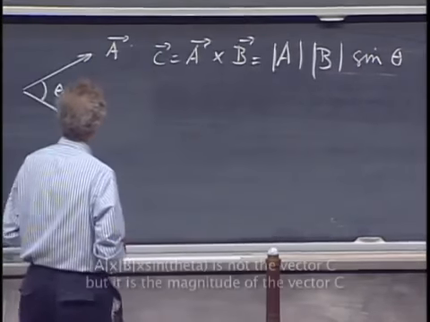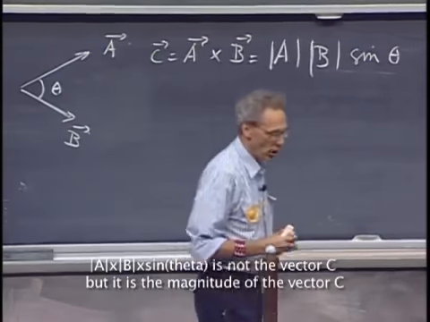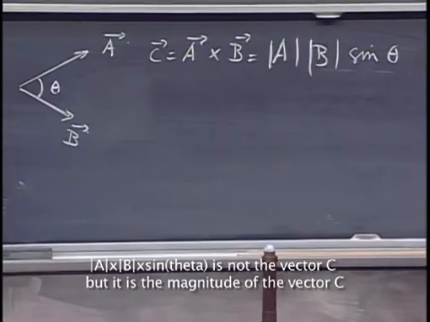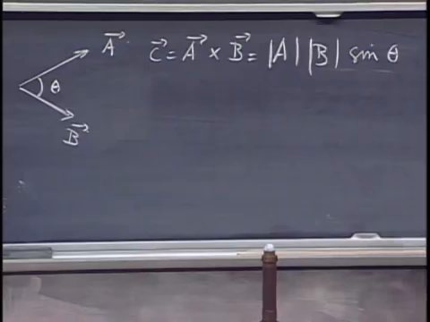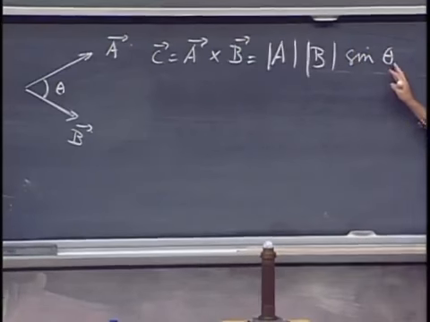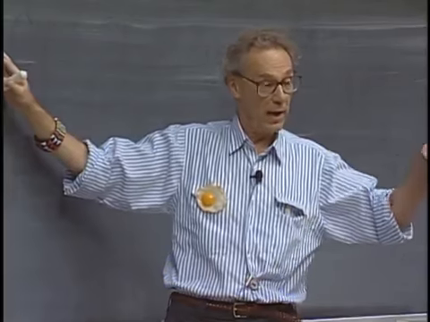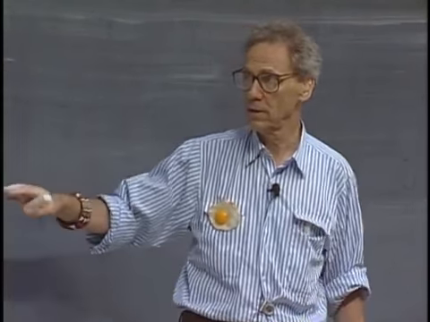Not the cosine of theta, as we had before with the dot product. It is the sine of theta. So you can already immediately see that this will be 0 if theta is either 0 degrees or 180 degrees, whereas the dot product was 0 when the angle between them was 90 degrees.